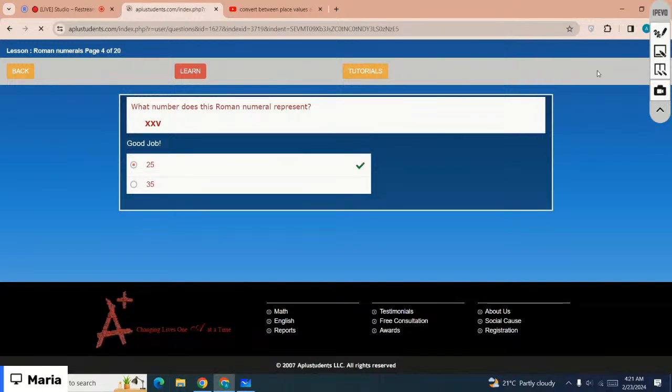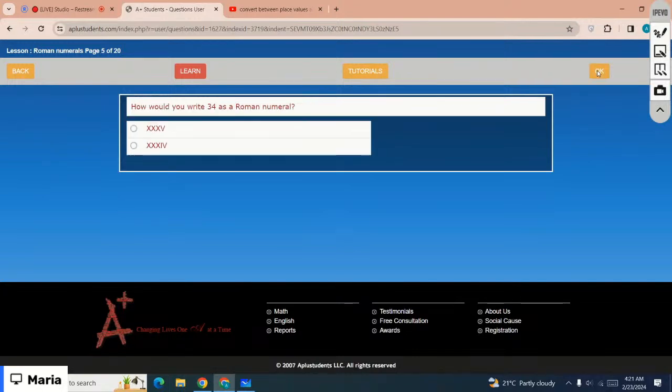Simran, how would you write 34 as Roman numeral? Which is the correct option? 34 it is.